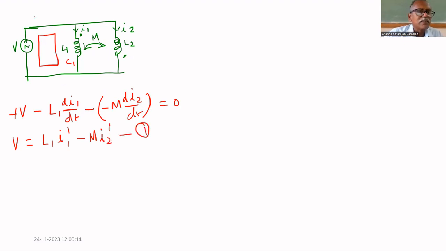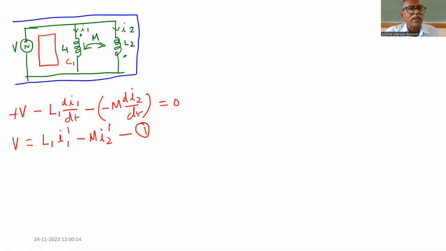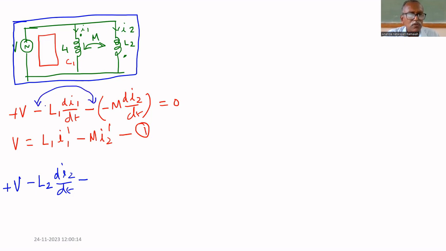Similarly, for this part we can write one more equation. KVL: plus V minus L2 di2 by dt, minus, because of the same minus sign, another minus because the dot is here, current is entering, here it is leaving.